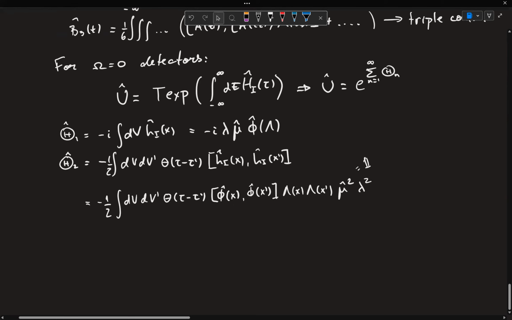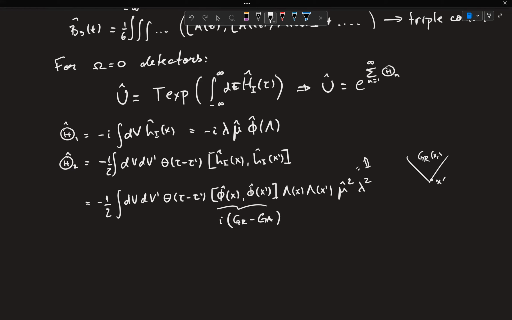So basically, this thing here is the retarded minus advanced Green's function with an i in front of it. But you remember that if x prime is here, G_R of x prime only has support here, and G_A of x prime only has support here, which means that the G_A is going to die.